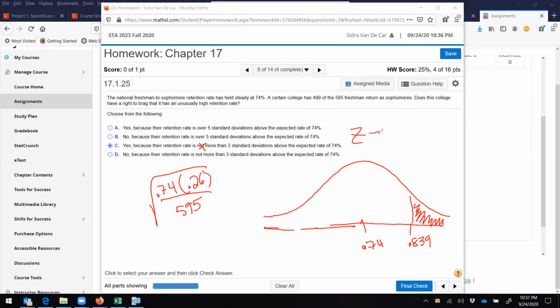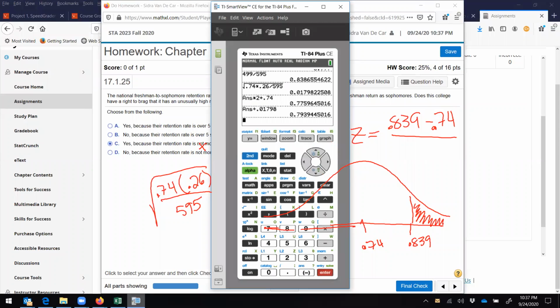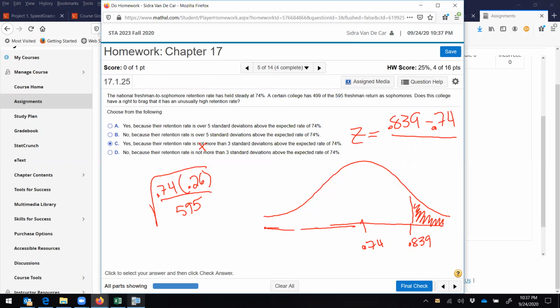So z equals, all right, our value was 0.839 minus 0.74, the mean. So this is our data value minus the mean over the standard deviation. We found that standard deviation to be 0.017, so 0.018.